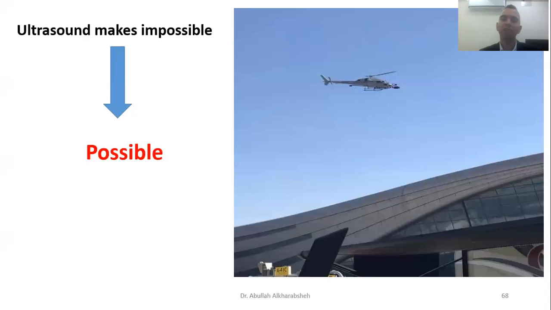And this picture is of Tom Cruise when he came to Dubai to do a film, an action film, and he fell down and he had chest pain. He could not continue the film. Its name was Impossible Mission. So they asked my friend Dr. Ammar to do an ultrasound injection, an intercostal block, and impossible became possible. So he continued the film.